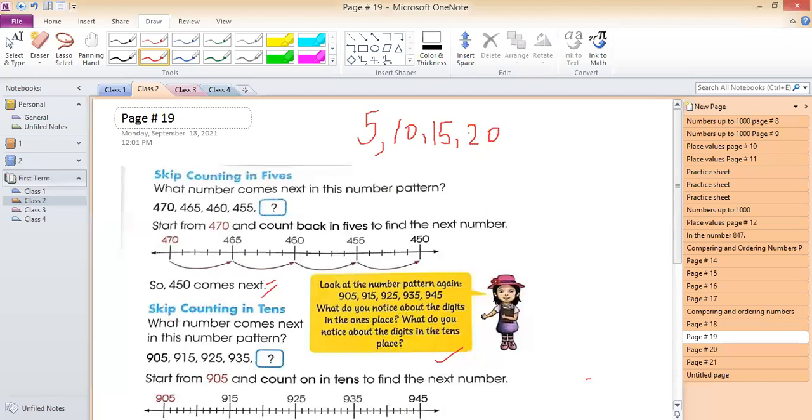So you are adding fives. In this pattern, I add 5. This is counting in fives, and this is the easy example, in the single or 2-digit form.